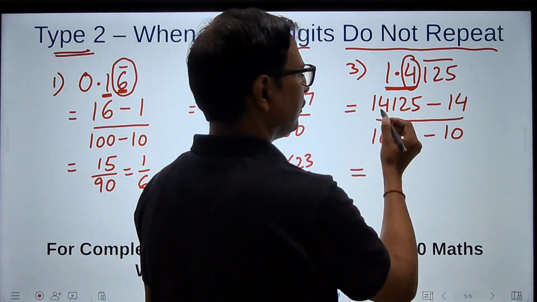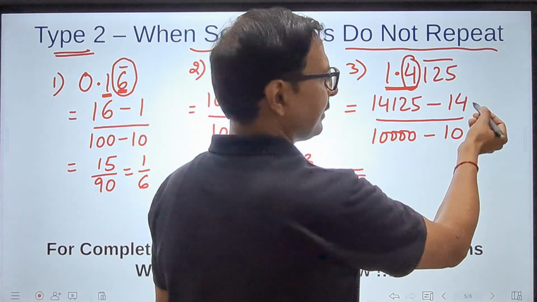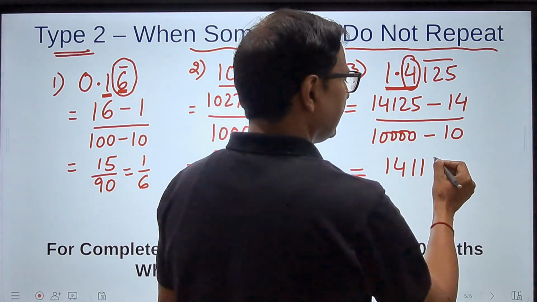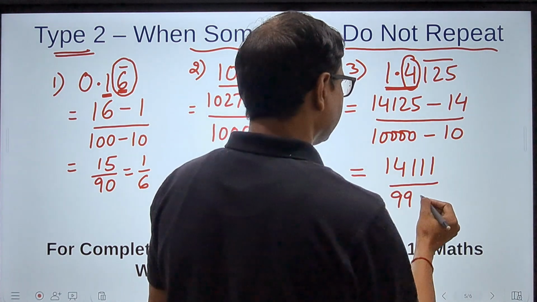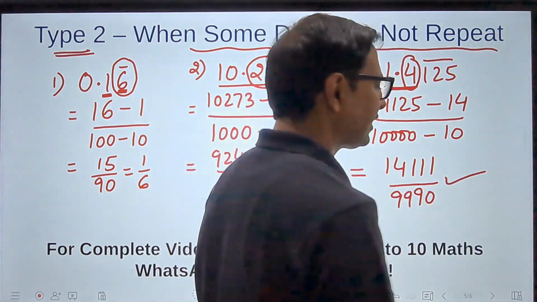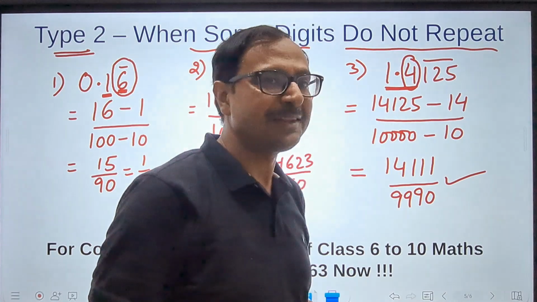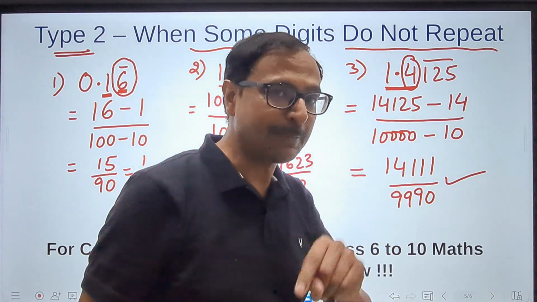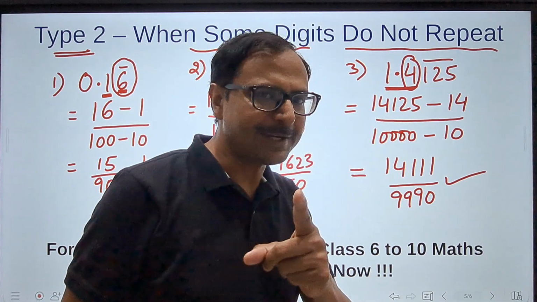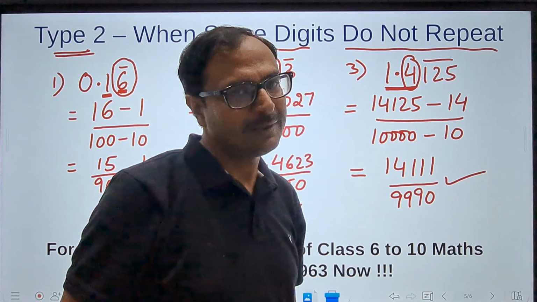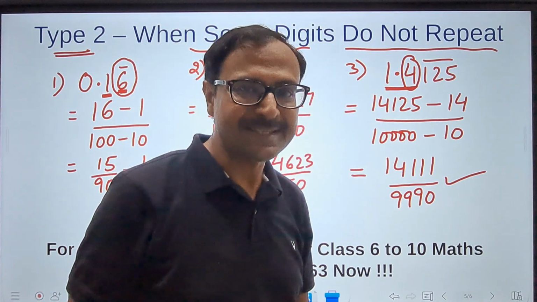Now watch. 14125 minus 14 is 14111, and in the denominator 10,000 minus 10 is 9,990, which is the exact answer which we found out in the beginning of the video using the traditional approach, where we took 3 minutes. Here you will take only 10 seconds, right? So prove that this actually can be done in 10 seconds.